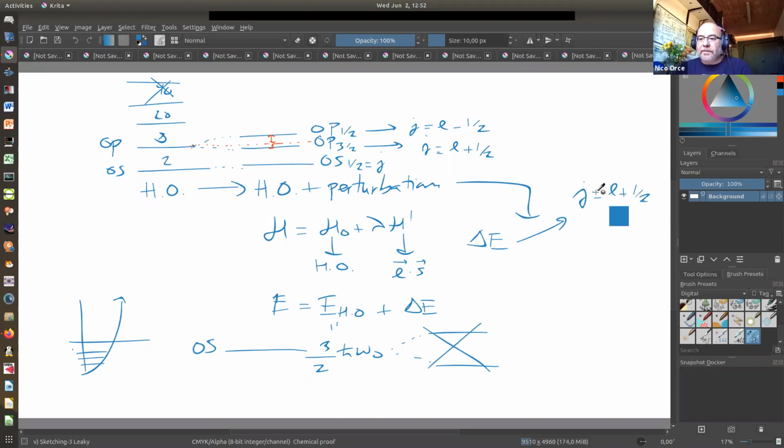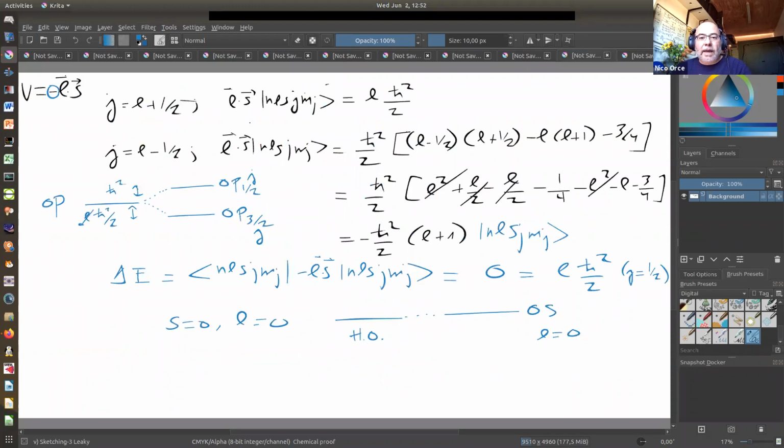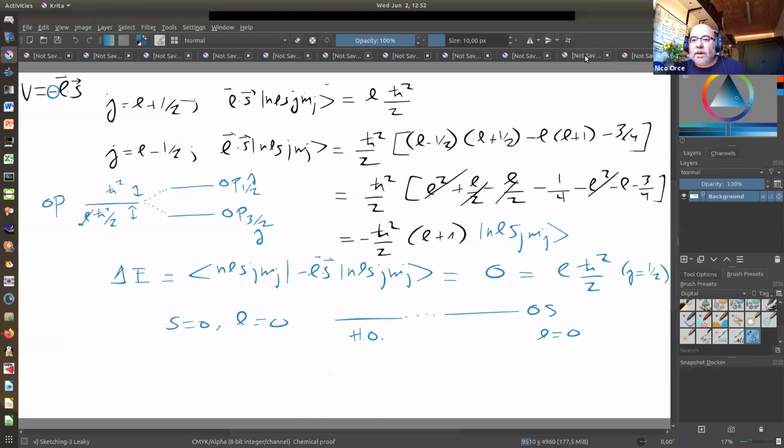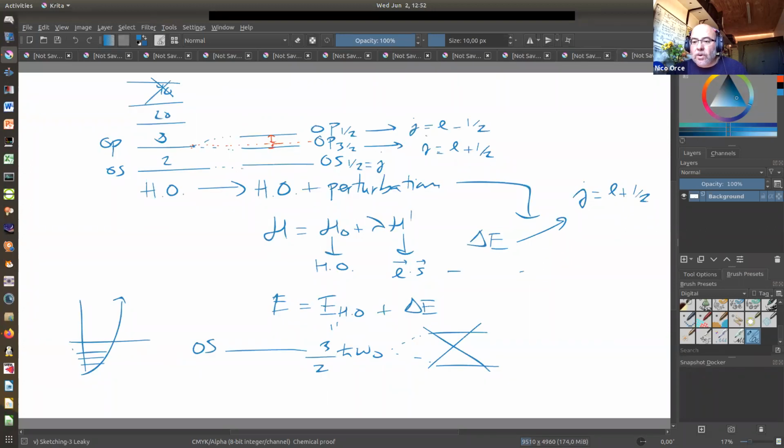The energy for J equal L plus 1/2 that we determined here was given by L h bar squared over 2. So this delta energy, the increment, is L h bar squared over 2.